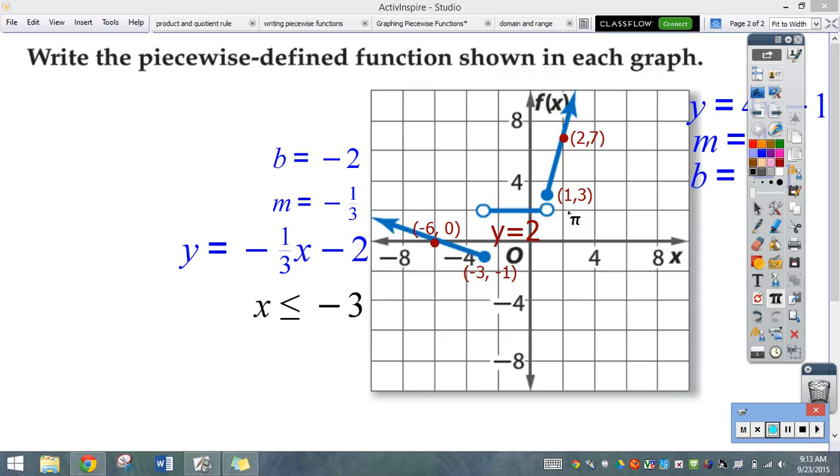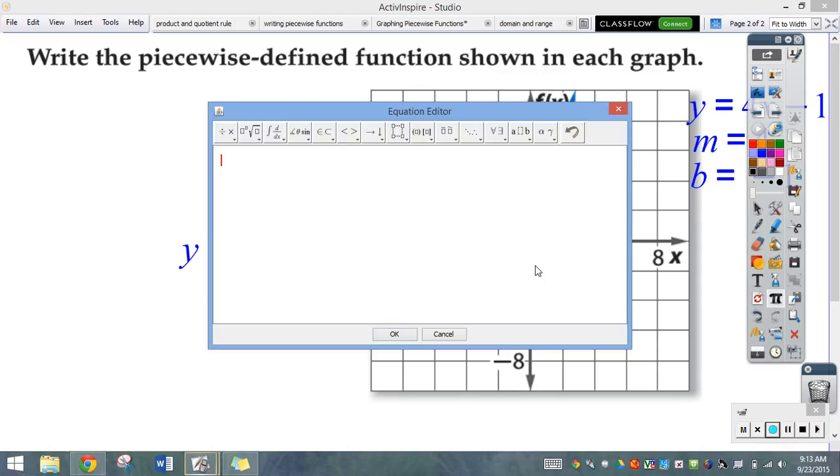And then the middle piece, it travels between 2 x values. So that means that I'm going to have a compound inequality for that domain. And it travels left to right from negative 3 to positive 1. And so when I write that inequality, I know that it's negative 3, and I know that it's positive 1.